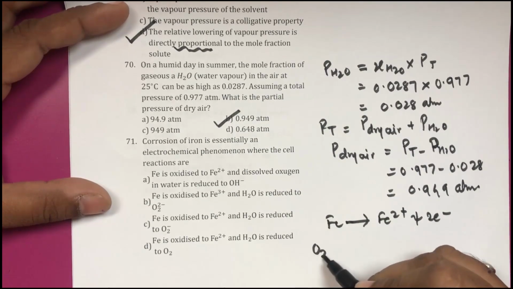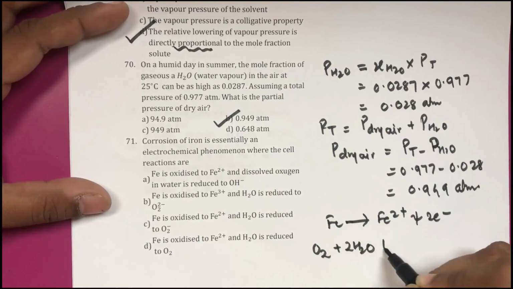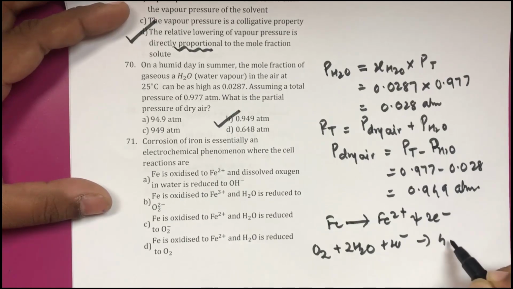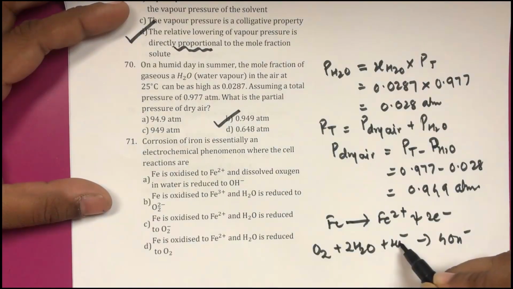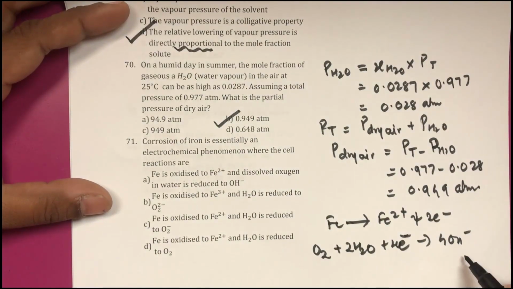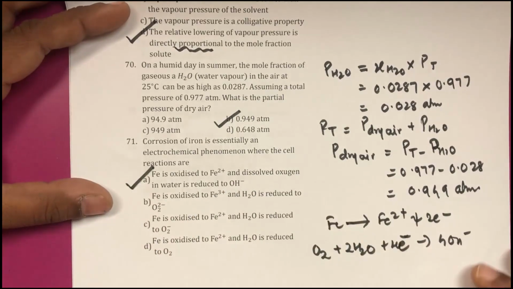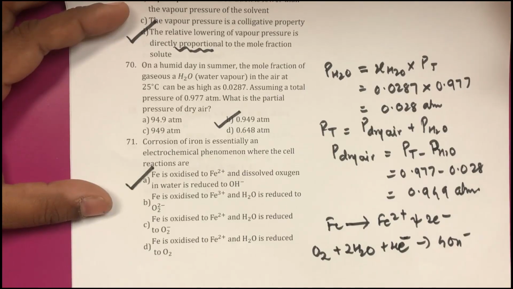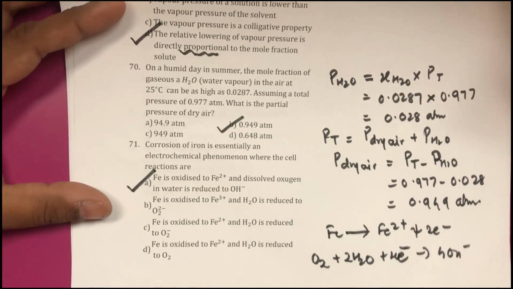Whereas the oxygen dissolved in the water forms the hydroxide ion. Therefore, this is the cathodic reaction. Hence, our option is option A, where Fe is oxidized to Fe2+ and dissolved oxygen in water is reduced to OH- ion.